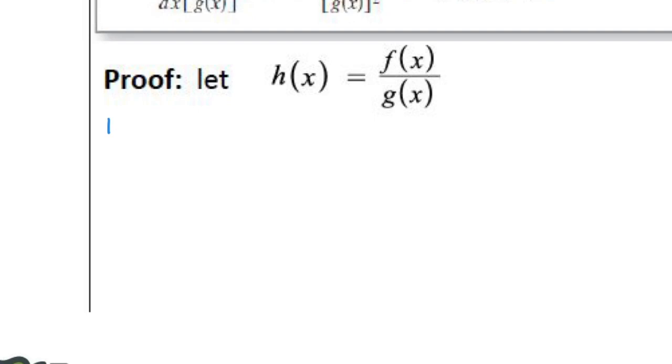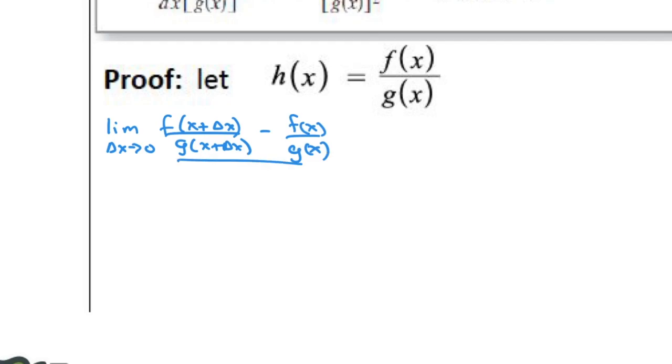Starting with your limit definition, we get the limit as your delta x goes to 0 of f of x plus delta x over g of x plus delta x, minus f of x over g of x, all divided by your delta x. Now, we should probably clean this up so that we do not have a complex fraction.